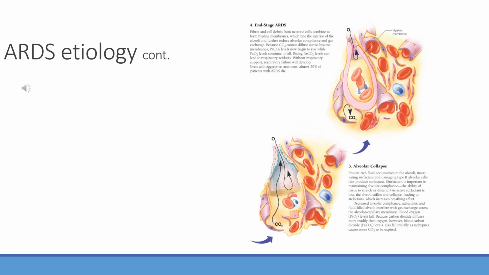Okay, then when you talk about end-stage ARDS, because the CO2 cannot diffuse across the hyaline membrane, the CO2 level begins to rise, the PO2 level begins to fall, and that's where you're going to end up getting your respiratory acidosis. And again, if you don't have any respiratory support going on, you've got respiratory failure that's going to develop.